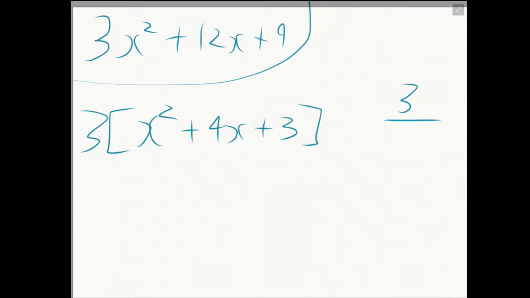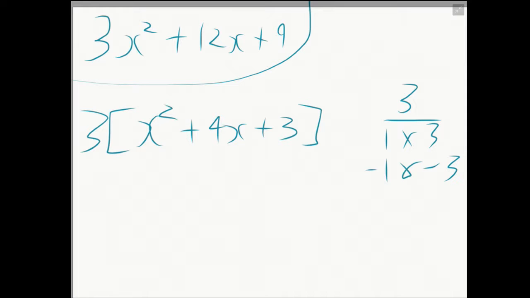What are the factors of 3? Well, the factors of 3 are 1 times 3 and negative 1 times negative 3. Okay, I guess those are the factors. Now, we need it to add up to positive 4. Notice this positive here. If that were a negative, everything would change.